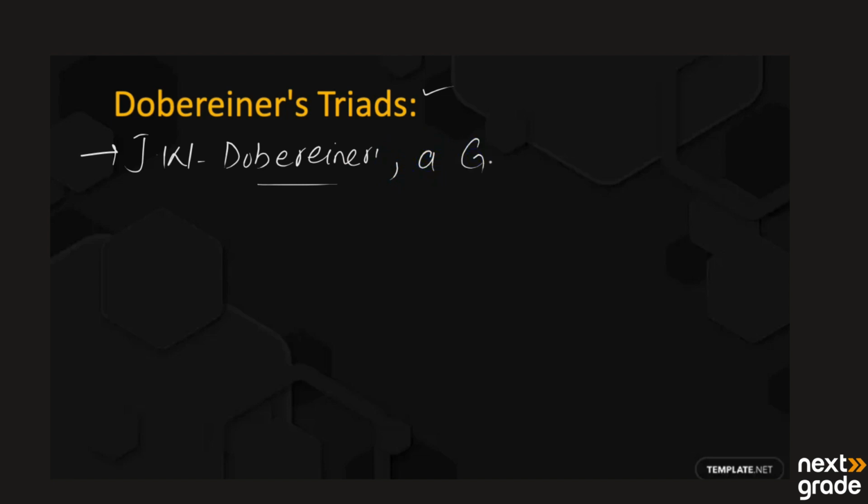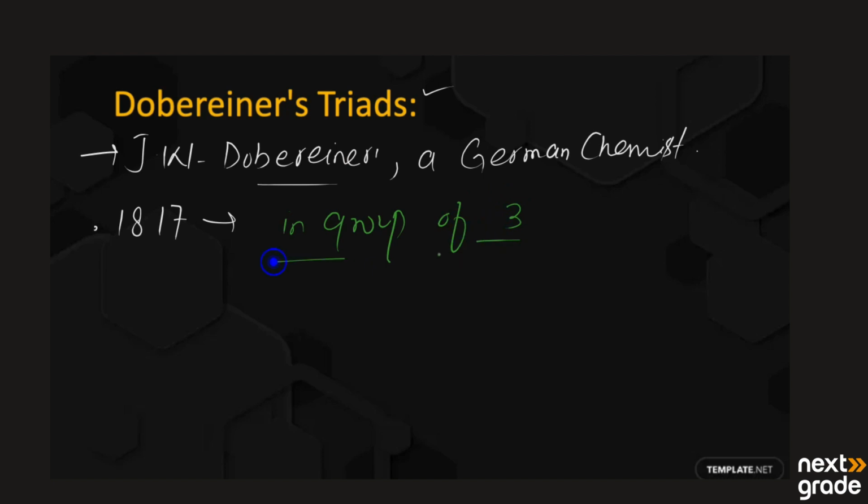He was a German chemist, and in 1817 he found that the elements could be grouped in threes. His work showed that the elements must be grouped in three on the basis of their atomic mass.